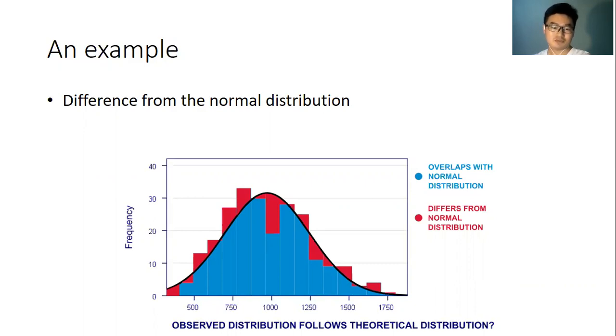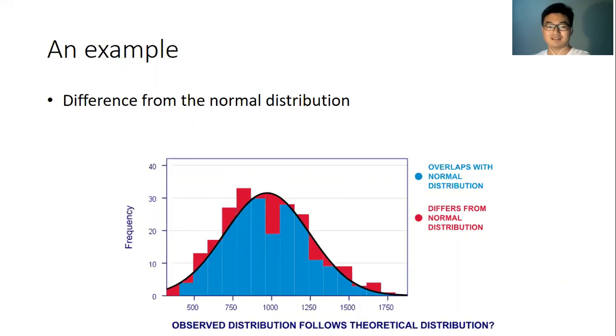If it is true, the percentage of the red area should be very small with a large p-value. Reversely, if the percentage is pretty large with a small p-value, then we can reject the null hypothesis to conclude that our data is not normally distributed.